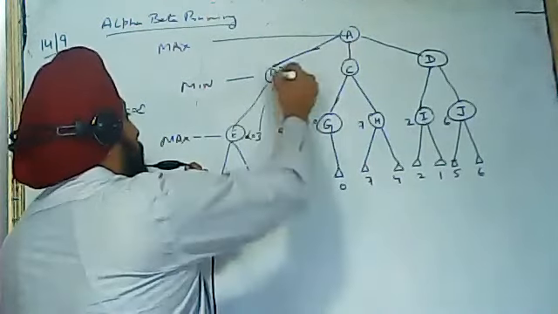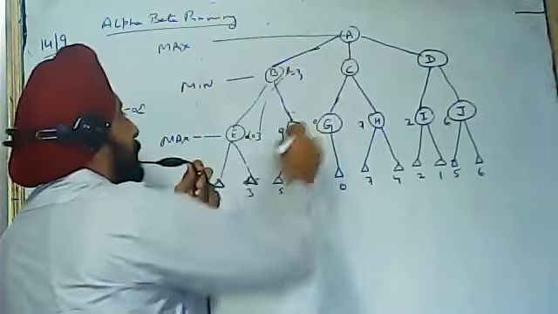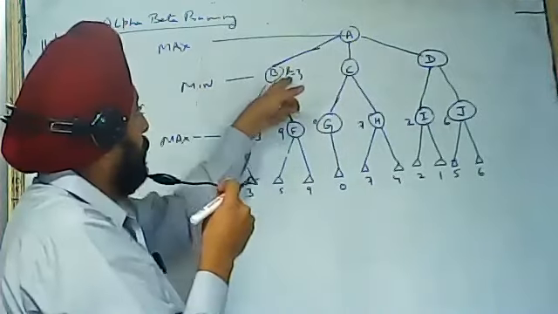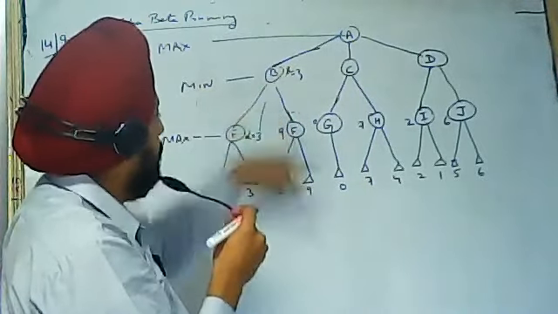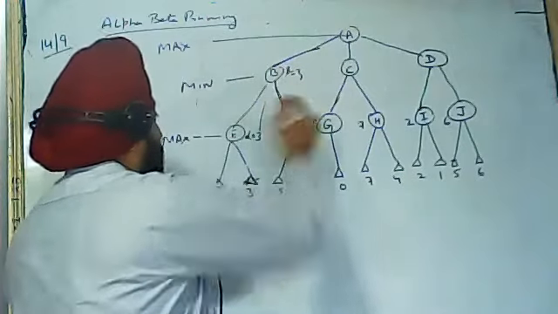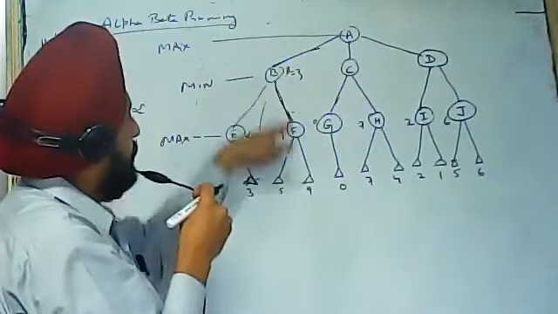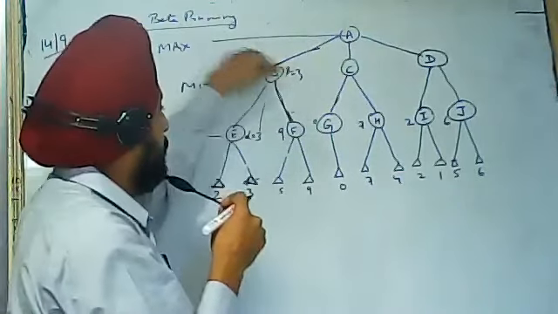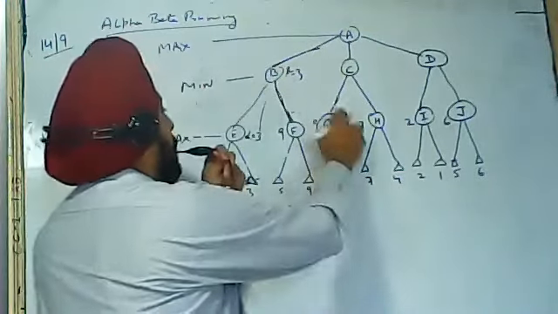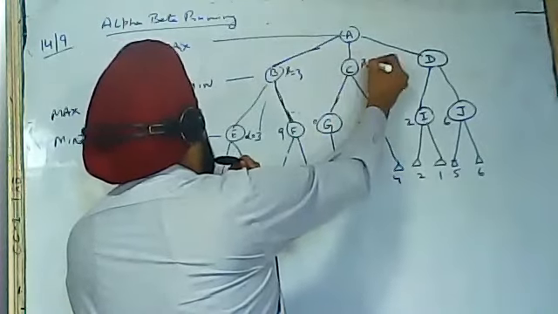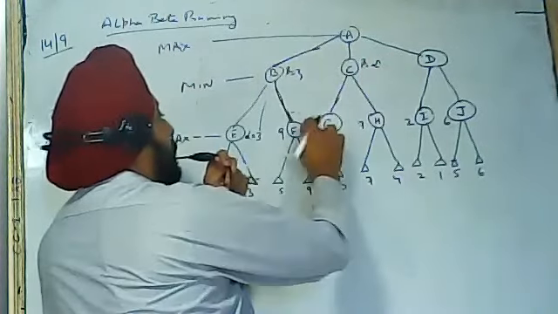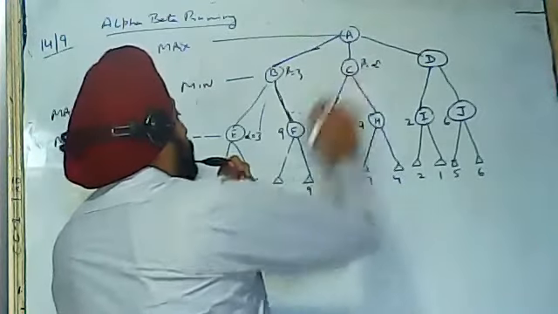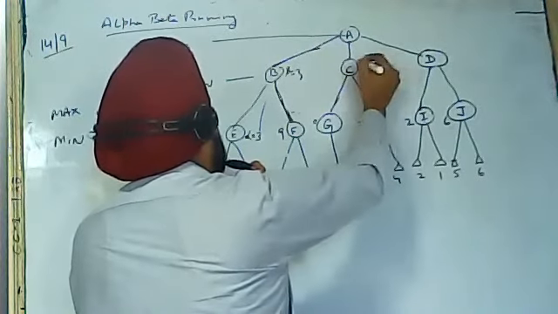Coming to this branch, here 3 is there, here 9 is there. 3 and 9 are compared. 3 is less, so it will remain 3 here. Coming here, beta initially is infinity. Here it will be compared with 0. 0 is better, so 0 comes here.